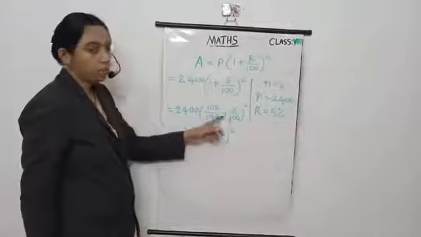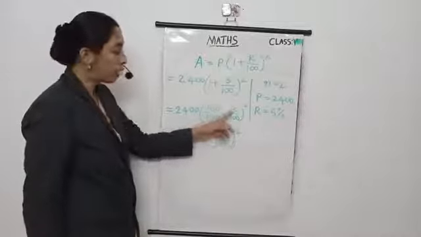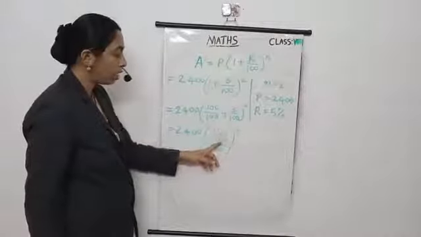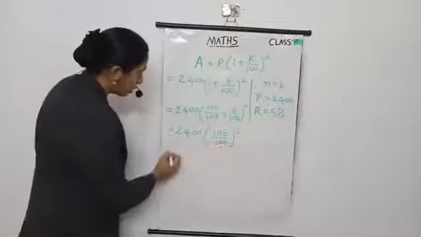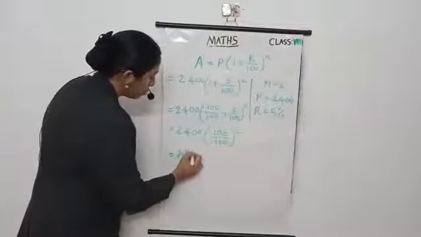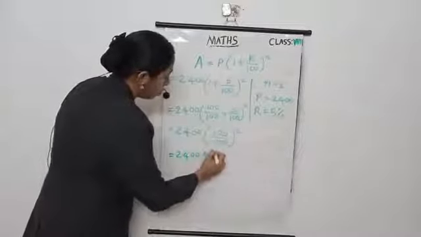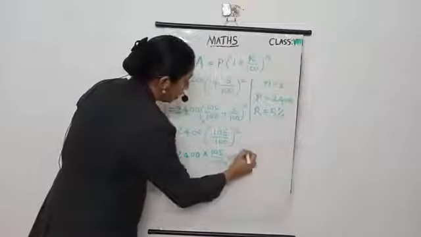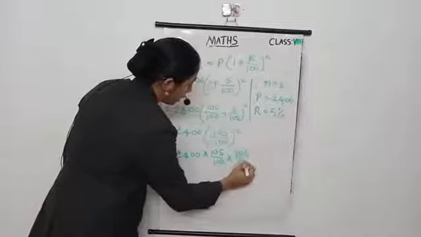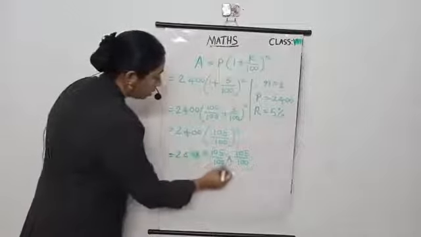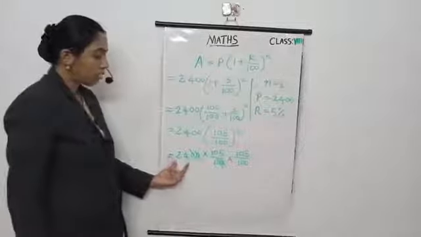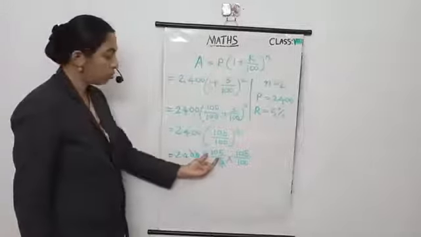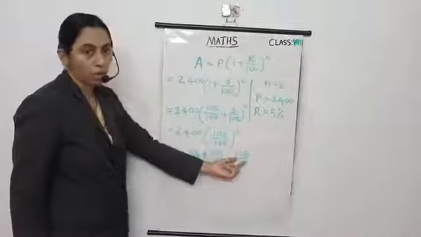Why? Same denominator, so add numerators, we get 105 by 100 all square. Now this is equal to 2400 into 105 by 100 into 105 by 100. Cancel the 0 and 0. Now multiply 24 into 105 into 105.